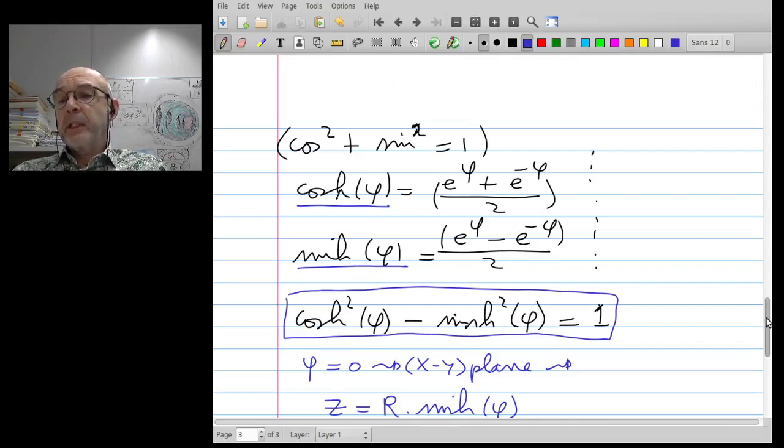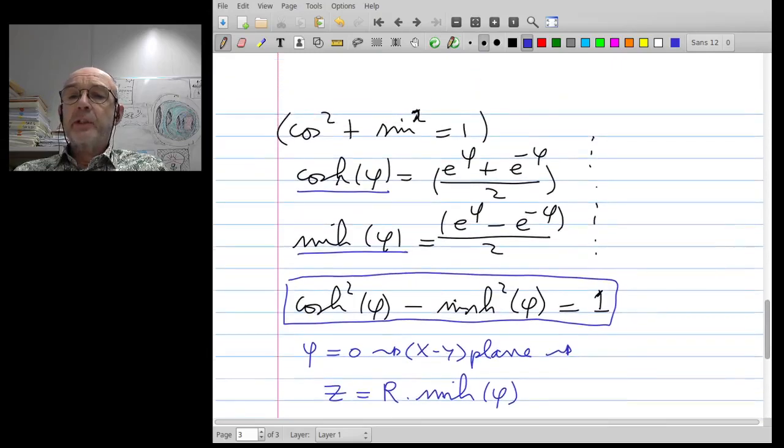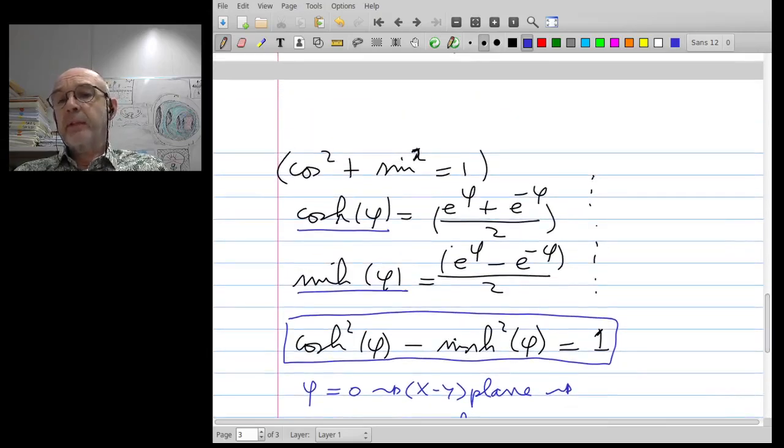So let us change those phi's to some other name, let us call it v. That is better because the phi looks like the angle in the xy plane, and that has nothing to do with it.